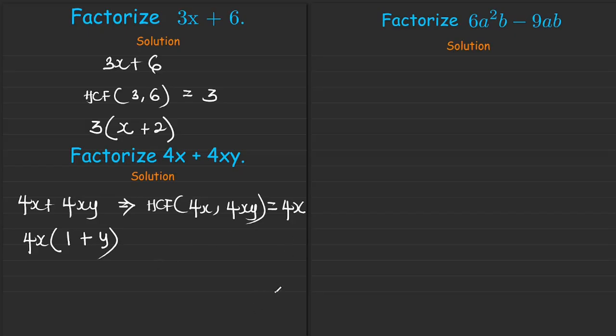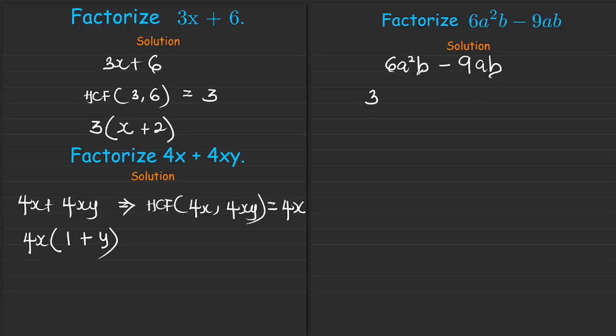So looking at this example here, we have 6a squared b minus 9ab. And we want to factorize this. Looking at the coefficients, there is 6 and then 9. What do they have as their common term or their highest common factor? That is definitely 3.